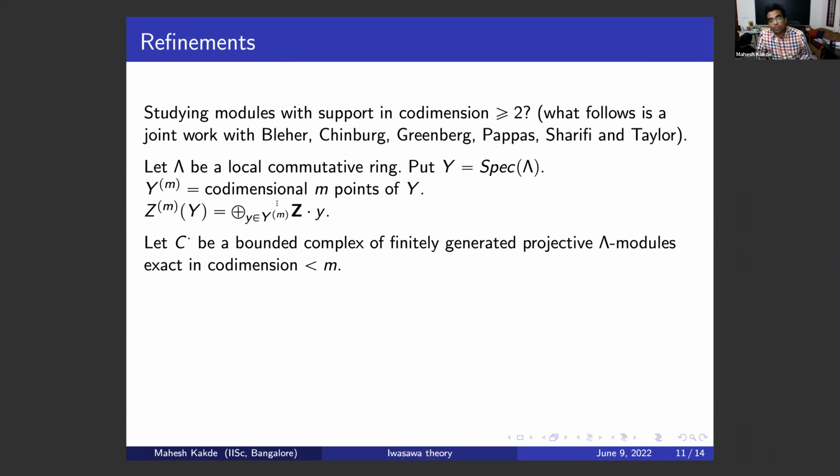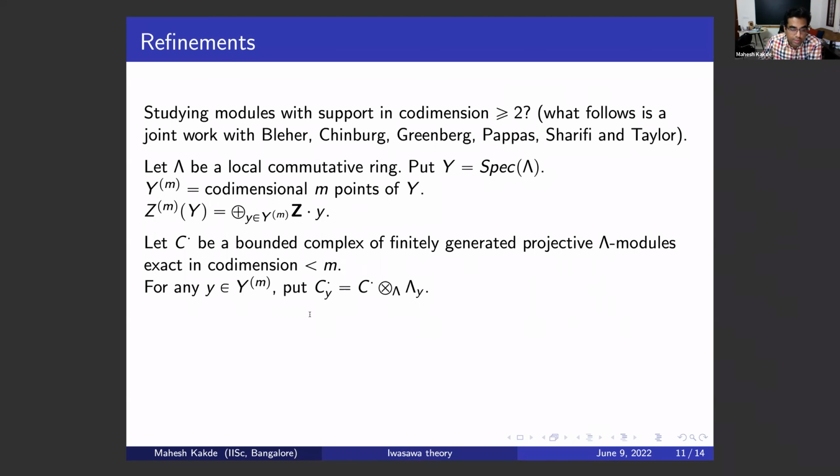Now, what we want to study are bounded complexes of finitely generated projective Lambda-modules which are exact in codimension less than m. What this means is that if I localize at any prime ideal of height less than m, my complex becomes acyclic. Okay, so m equal to 1 is the case that we had been studying earlier.